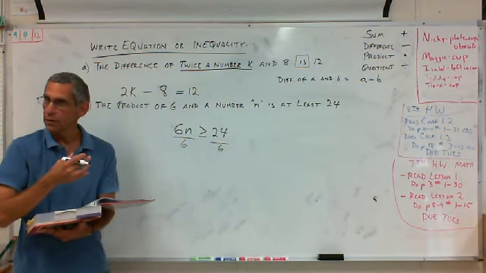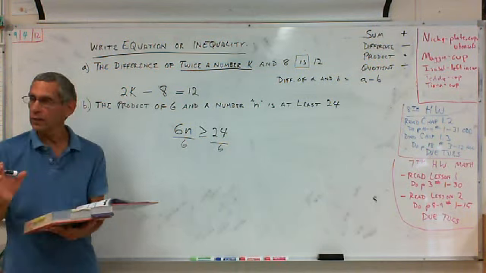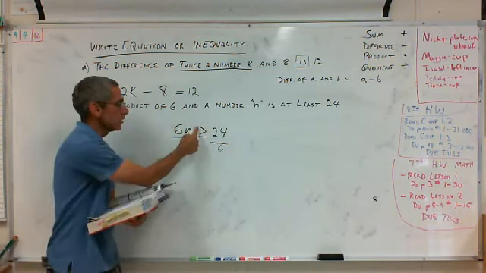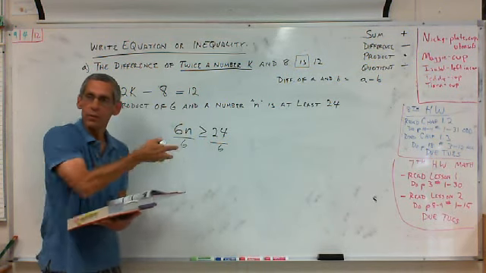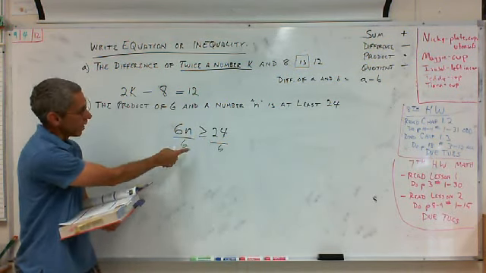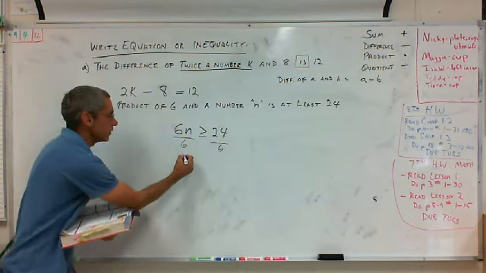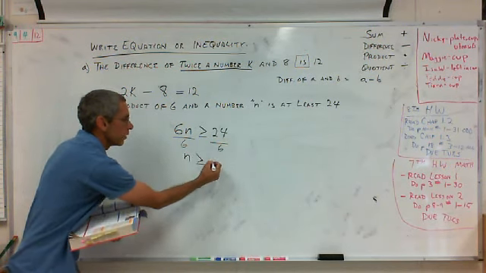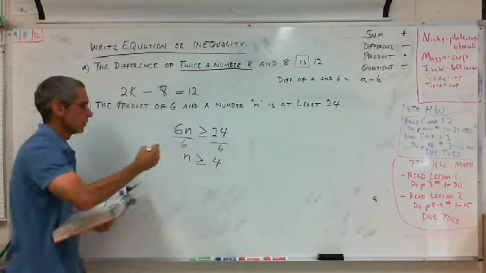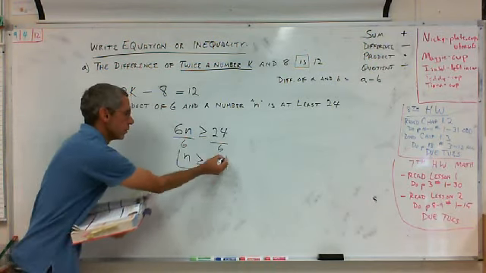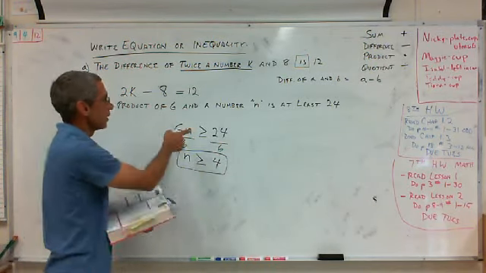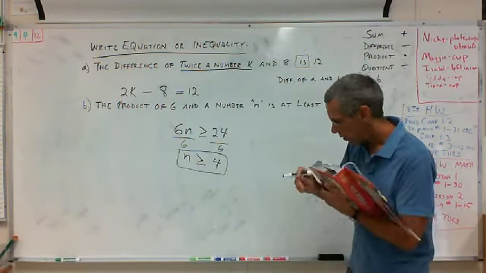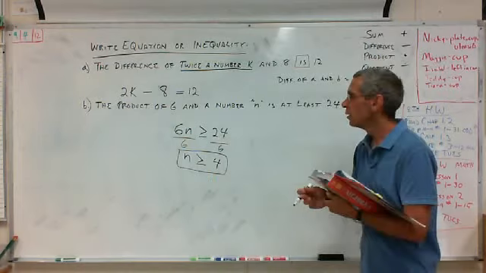That's the only thing. If you multiply or divide both sides by a negative number, the inequality sign has to flip. But I'm only dividing by a positive, so it doesn't have to flip. So I just have n is greater than or equal to 24 divided by 6, which is 4. And that would be my answer. But we got it by taking these words and creating our inequality. All right, C.